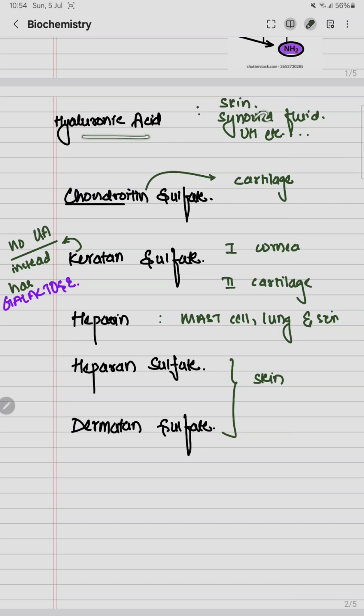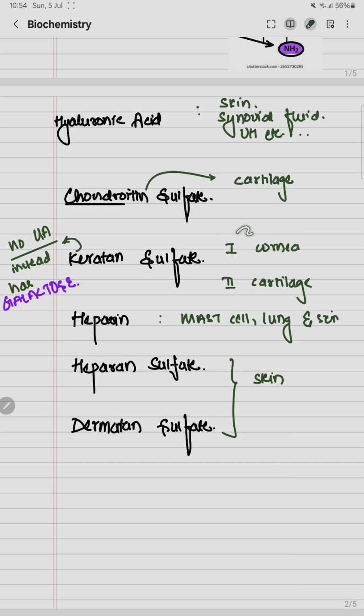Now hyaluronic acid is present in skin, synovial fluid, vitreous humor and many other places. Chondroitin sulfate, remember that chondro principally means cartilage. So your chondroitin sulfate 4 and 6 would be in your cartilage. Keratan sulfate, there are two types.